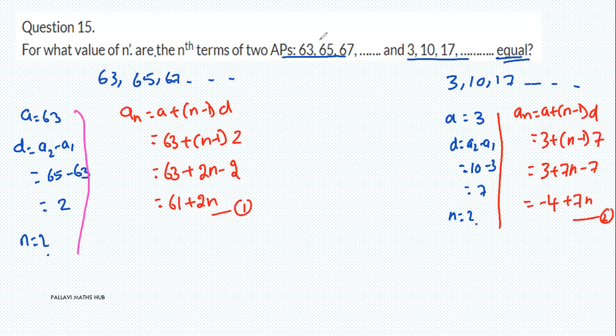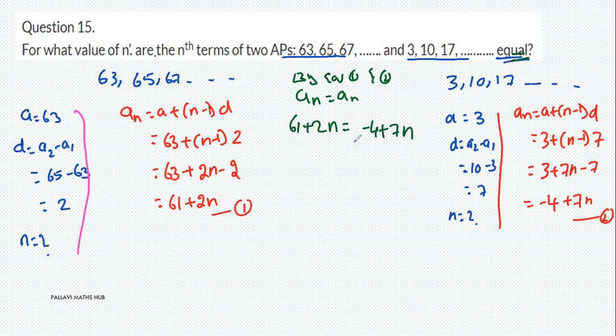Now, the terms are given as equal. Is it right? Since they are equal, An is equal to An from equations 1 and 2. So, substitute here: the first equation, 61 plus 2N, is equal to minus 4 plus 7N.